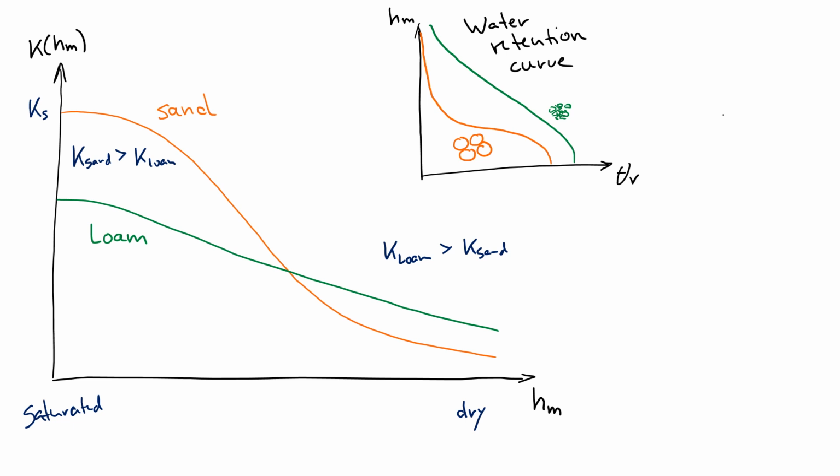But because of its larger pore size distribution, as we start to decrease the water content in the loam soil, we retain enough water-filled pores to still be able to transmit water through this pore system compared to the sand, which at the same water content or matrix potential would have already desaturated most of its water transmitting pores. And that is why under dry conditions or negative matrix potentials, we see that loam soil can actually transmit water faster than a dry sandy soil for the same driving gradient.